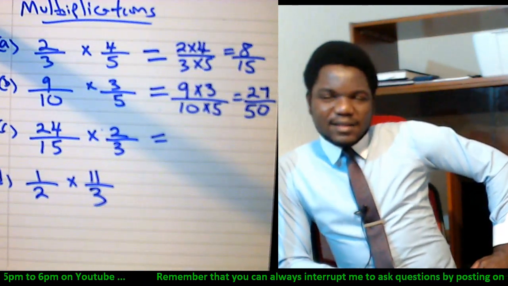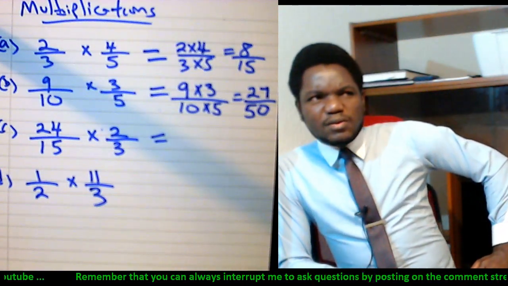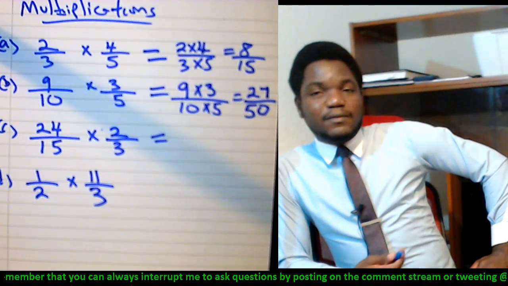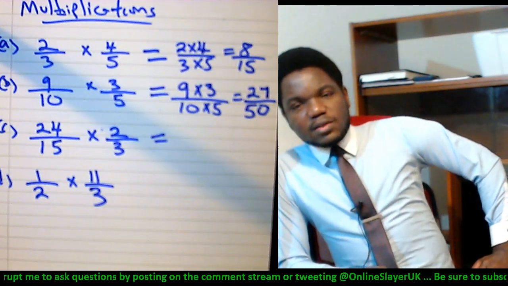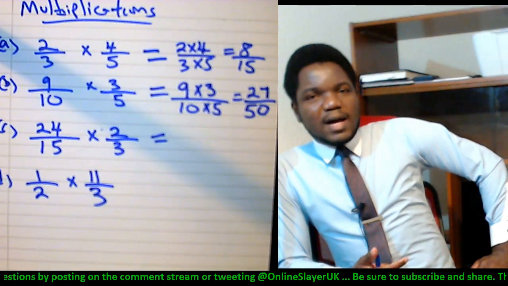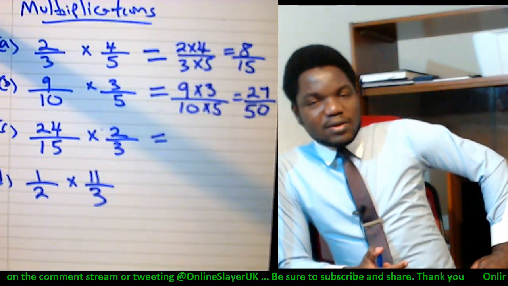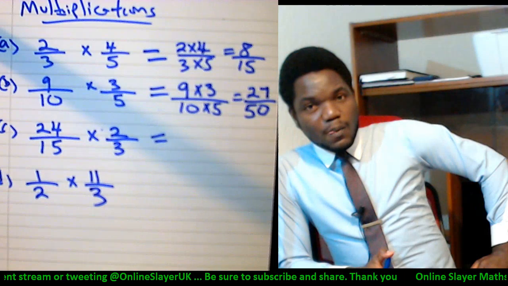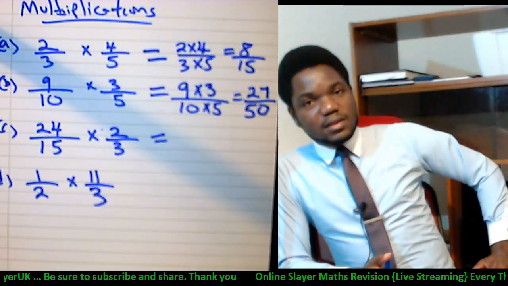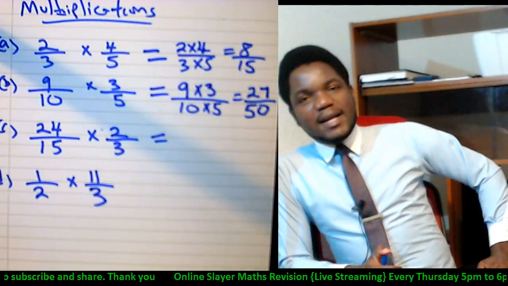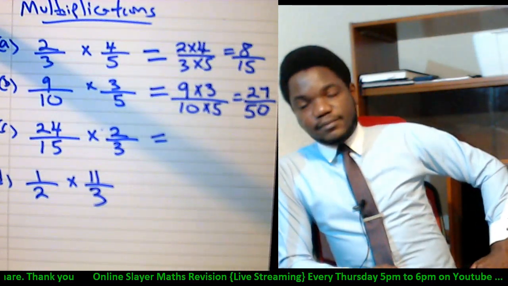If your answer is 3 over 33, you should still be able to divide further by going to as low as 1 over 11. So because of this fear of having an answer that is not simplified enough, or because we don't want to have answers with very big figures, we would like to simplify it before multiplying it.